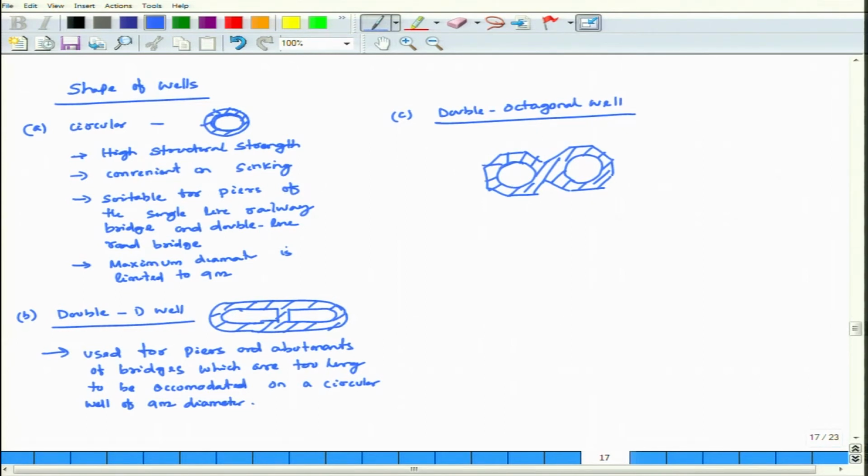What is the advantage of the double octagonal well as compared to the double D well? It offers more resistance than double D wells against sinking.